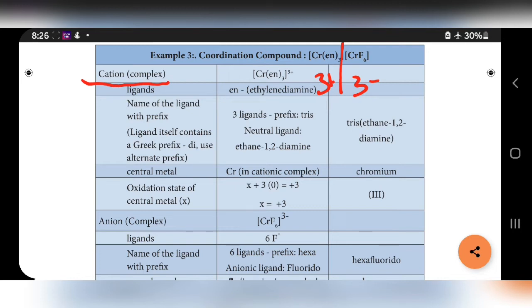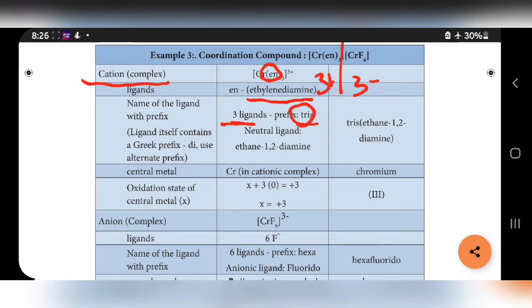Here two groups are there, one is the central metal ion and another one is the ligand. Here the ligand En means ethylene diamine. The name of the ligand, how many ligands are there? Totally 3 ligands. So we should use tris because the name of the ligand is ethylene diamine. The ligand name itself contains di, ethylene diamine.